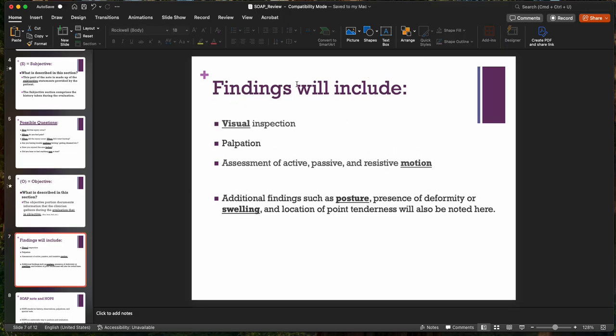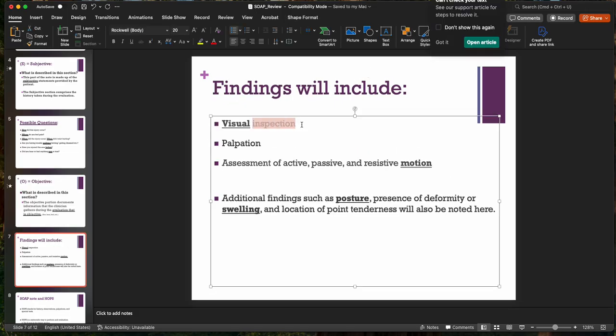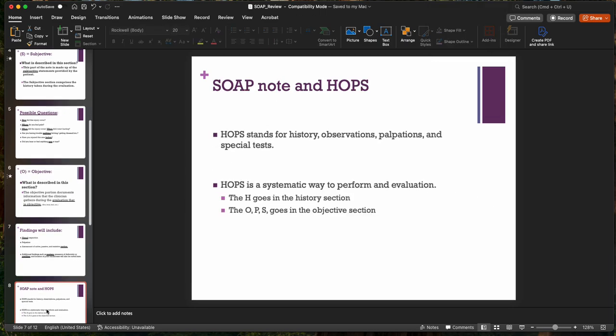These findings could include things that are inspected, things that are palpated, or any type of range of motion assessment, any type of observation we make about posture or functional movements, if there's swelling, discoloration, deformity, bruising, scarring, etc. Things that we can see objectively and notice, those things are going to go inside of the objective section.